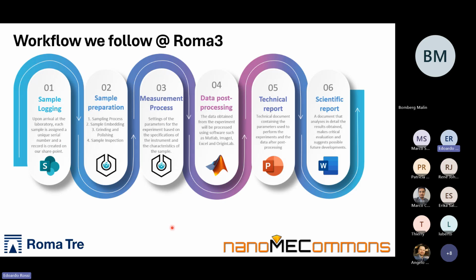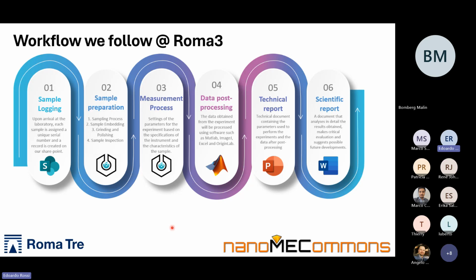So in Roma 3, we decided to implement this ontology with specific and robust steps in which we're using software and a combination of data logging, because the worst case scenario you would like to reach is that after you have defined an ontology and the related taxonomy, you are not using it.